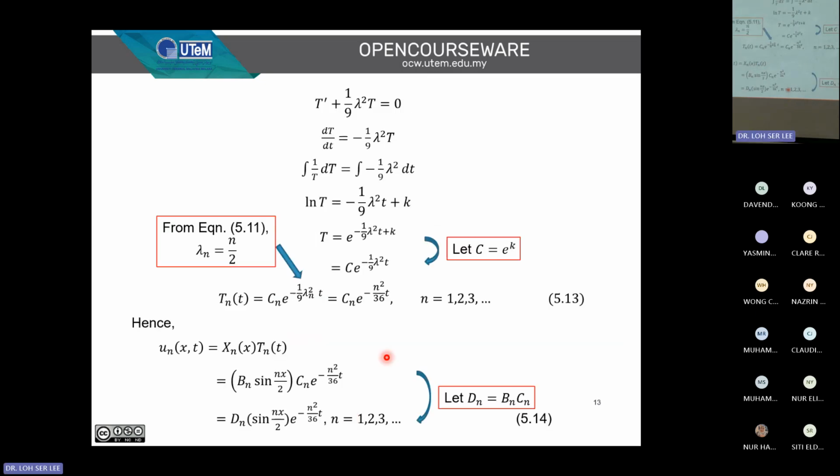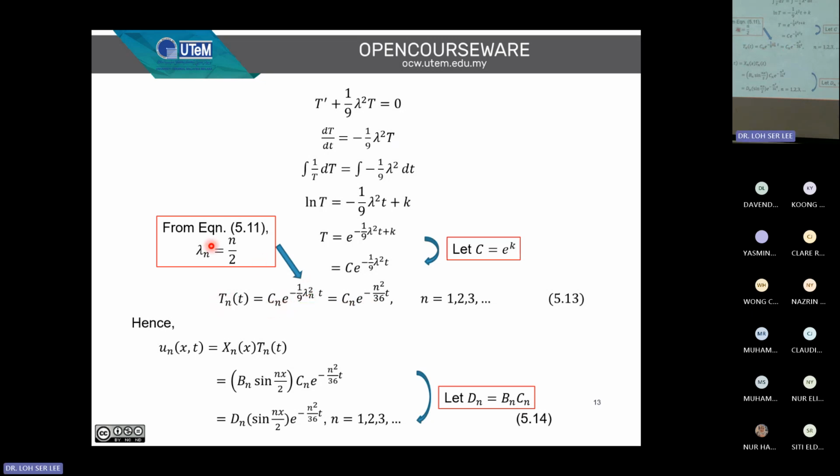So this is what we have done twice. Now you have T equals this one. We substitute the same lambda into this lambda square. Just now you have lambda n, so this will be lambda n squared. C will be Cn, T will be Tn. This one, Tn, Cn, lambda n square.